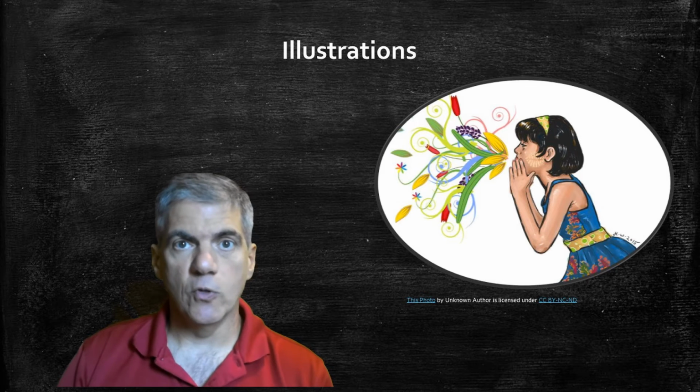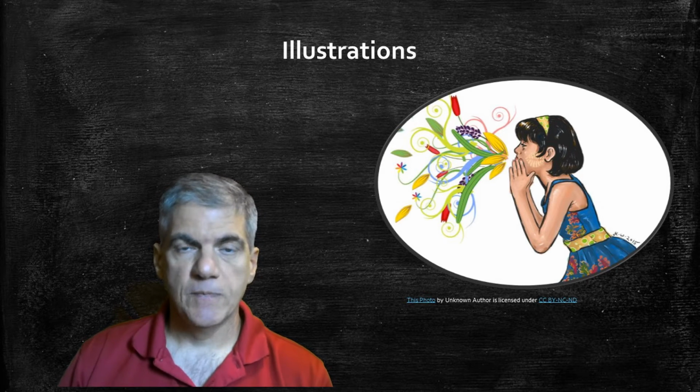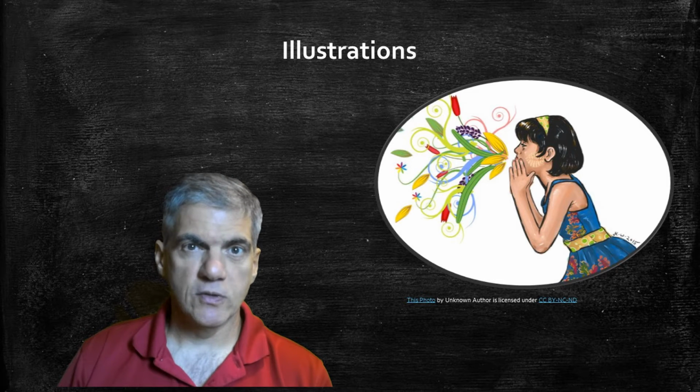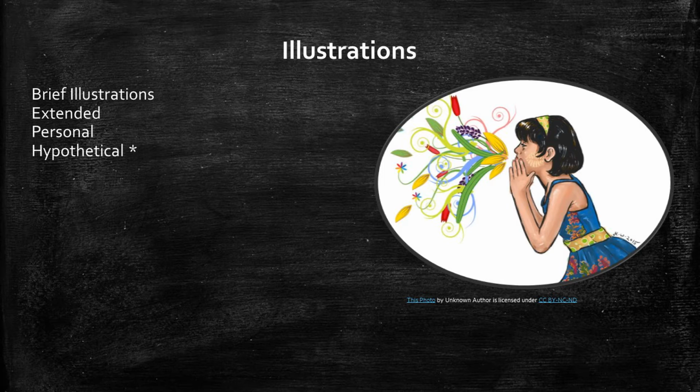So that gets back to our explanations, our verbal communication. And this is where good stories and our illustrations can come into play. An illustration is a story that provides an example of an idea, issue, or problem a speaker is wanting to discuss. There are brief illustrations and extended illustrations.